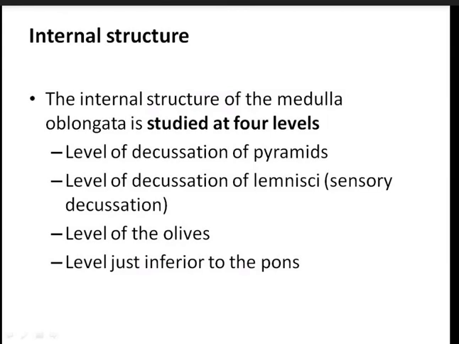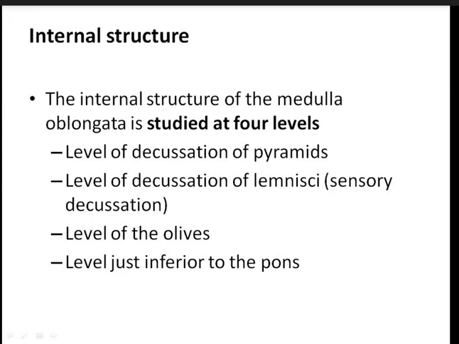The internal structures of the medulla oblongata are studied at 4 levels. The gross feature, the external feature, and the internal features are important for exam purposes. So you have to draw and show the structures present in the external features and in the cross section also.